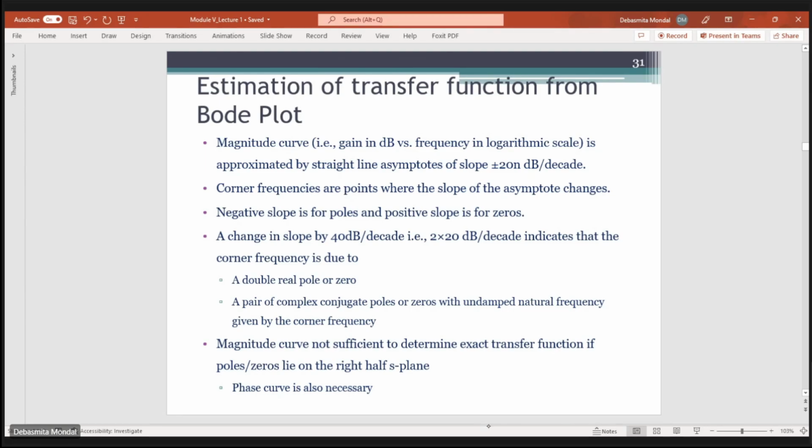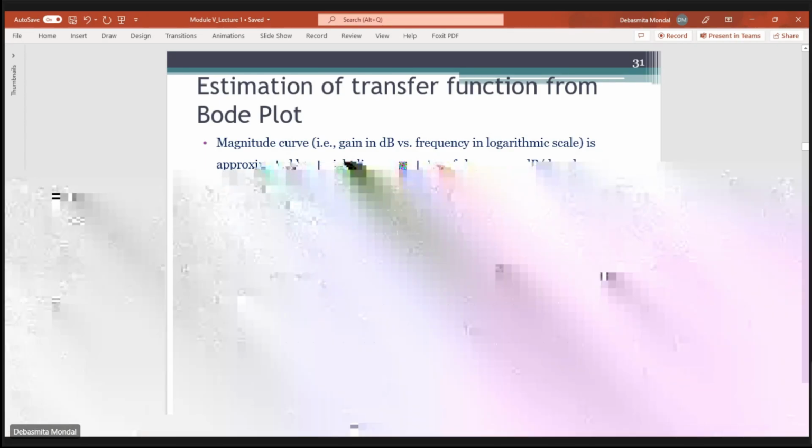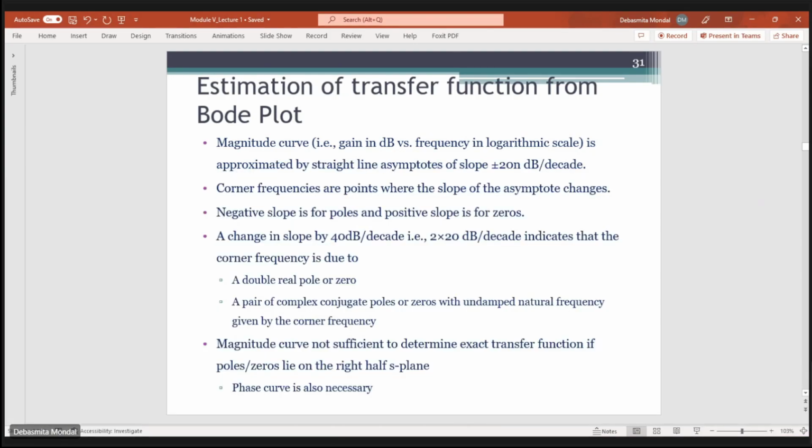Now this will be applicable only when we are dealing with a minimum phase system. If your system is a non-minimum phase system, then as we have already said, the magnitude curve is not sufficient to determine the exact transfer function. In that case the phase curve is also necessary.